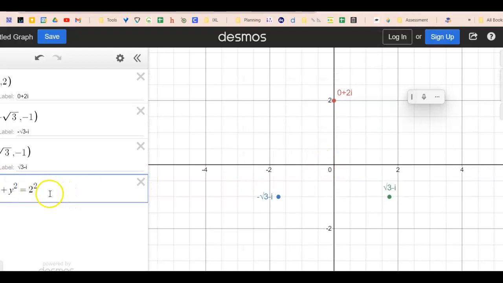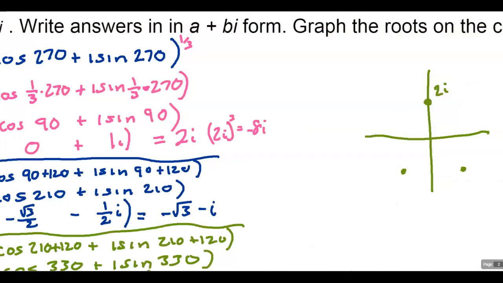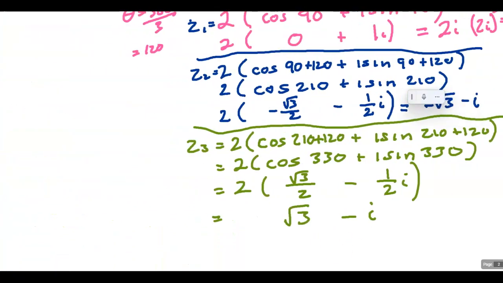And remember, this has a radius of 2, so if I make a circle with a radius of 2, all the solutions will fall on that circle, and they all have a 120-degree angle between them. All right, so that's how it looks if it's perfectly graphed. But we're just going to estimate it on ours. Okay? All right, let's move forward and do the next.